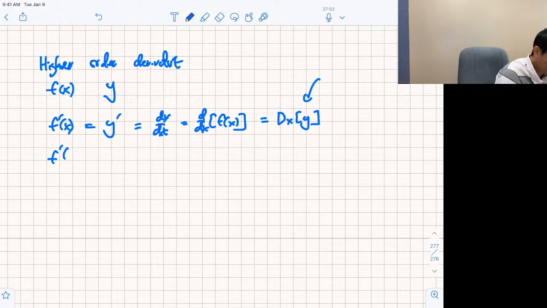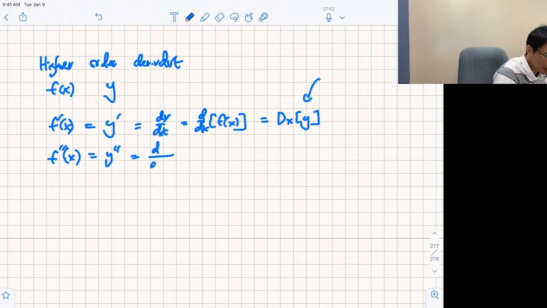Now if I do a second derivative, it's just double prime. Sometimes you need a second derivative because sometimes you've got physics. Anybody taking physics right here? Okay, so physics has a relationship between position, velocity, and acceleration. If you take a second derivative, that means it's the acceleration of the motion.